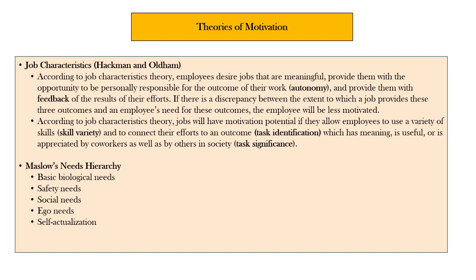Now according to the job characteristics theory, jobs will have motivation potential if they allow employees to use a variety of skills, that's called skill variety, and to connect their efforts to an outcome, which is task identification, which has a meaning, is useful, or is appreciated by coworkers as well as others in the society, which is termed as task significance. Okay?